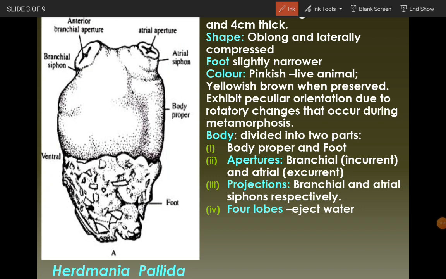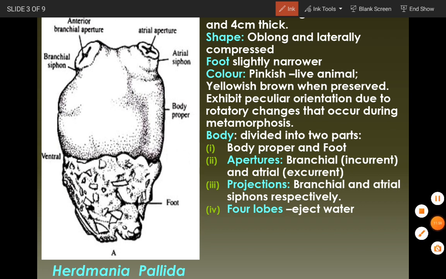Now let us learn about these apertures. We said there are two apertures. One is the branchial aperture, through which the water enters the body of Herdmania, and this water carries food and oxygen. This branchial aperture is larger when compared to the atrial aperture.